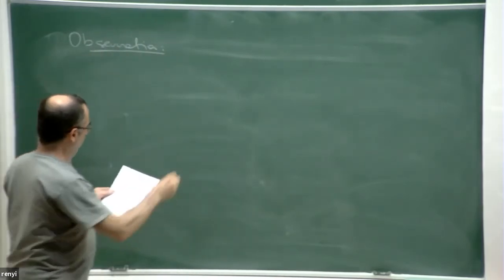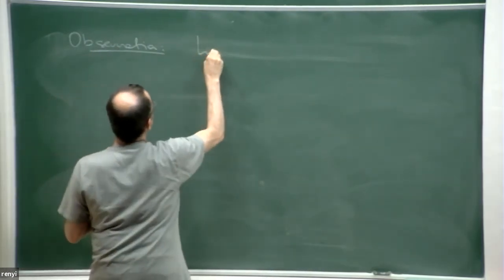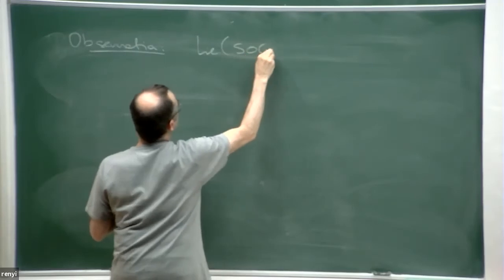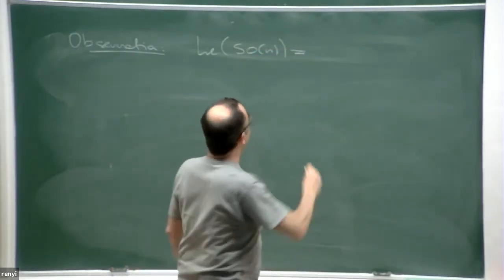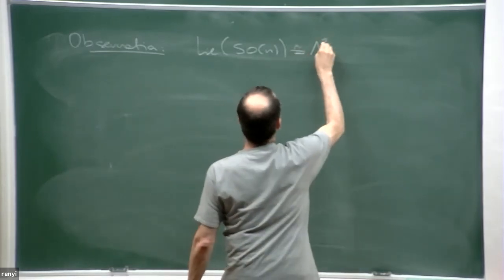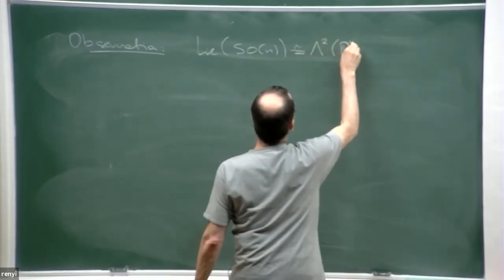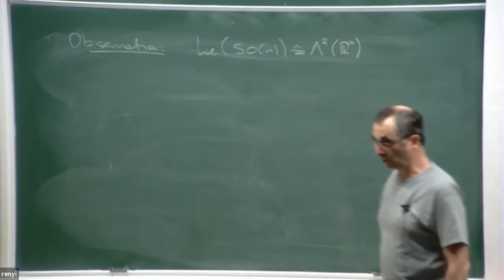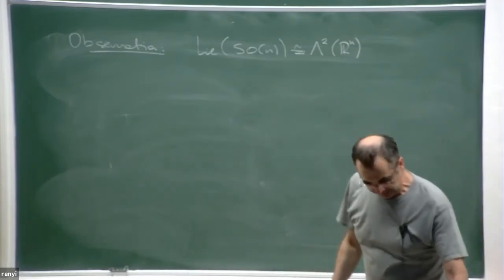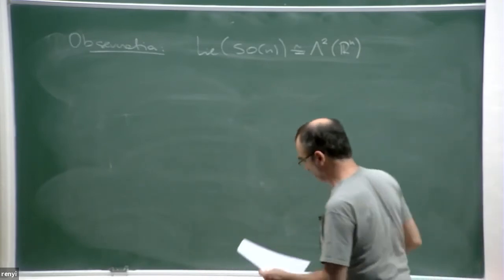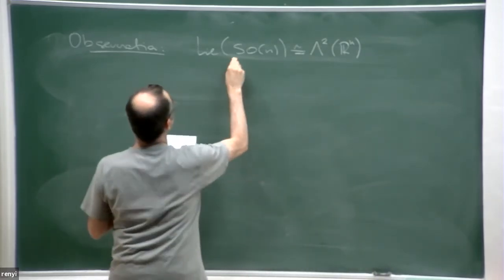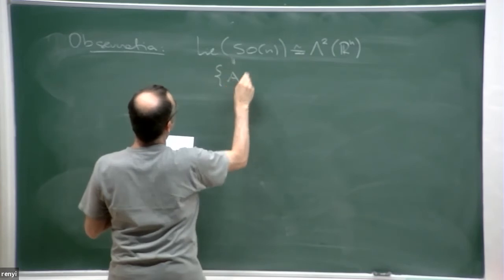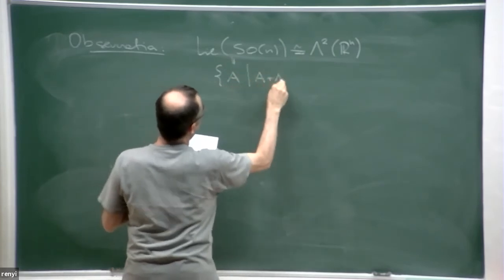Here is how to see a little better the Lie algebra of SO(n). I claim that it can be identified as a vector space with lambda 2 of R^n. So these are just two forms on R^n. And then the identification goes in the following way. This is just those n by n matrices which satisfy this condition.